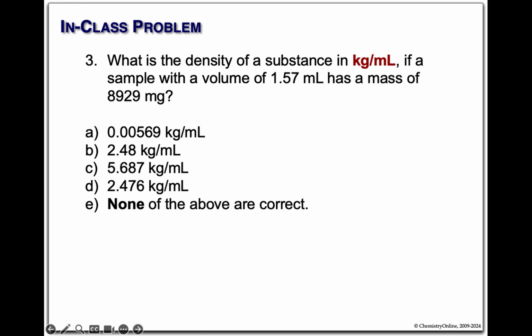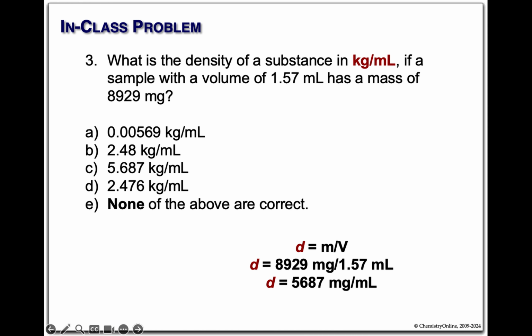Use our formula. Density, simply take our mass divided by our volume. Mass, volume. We get 5687 milligrams per mil.